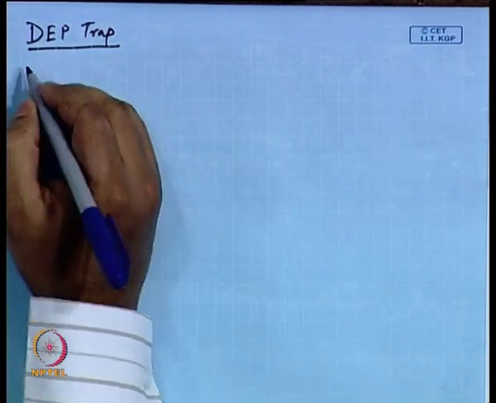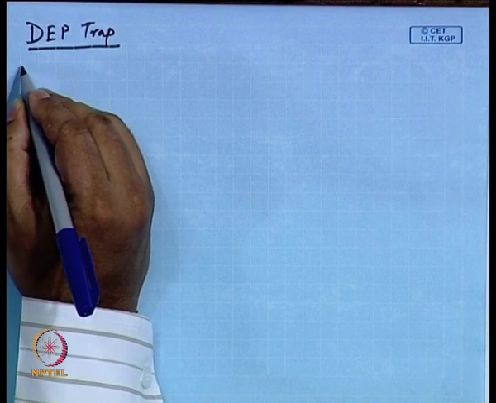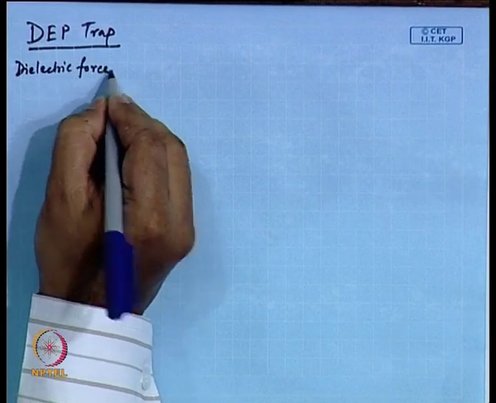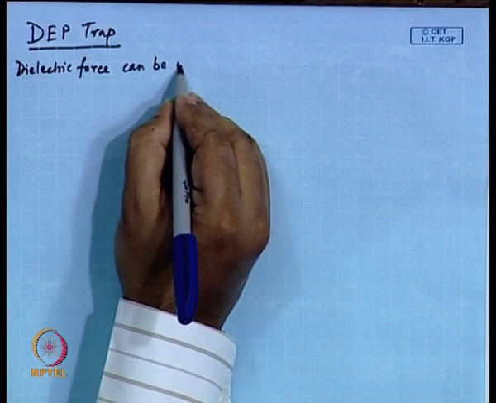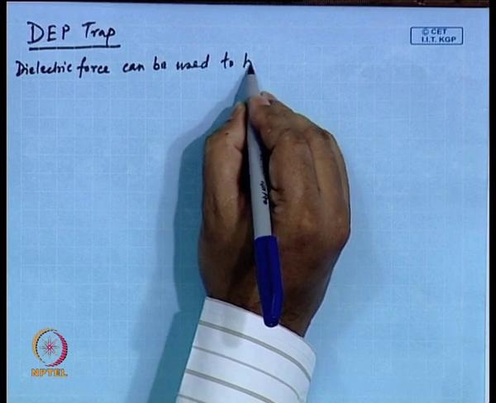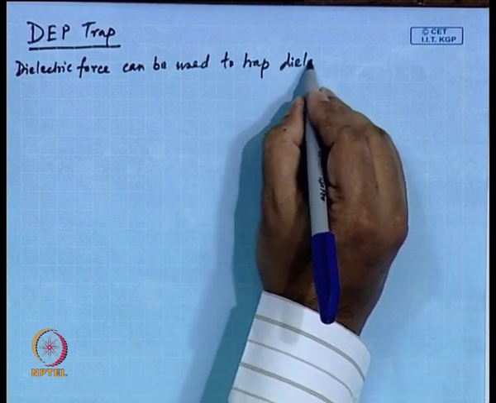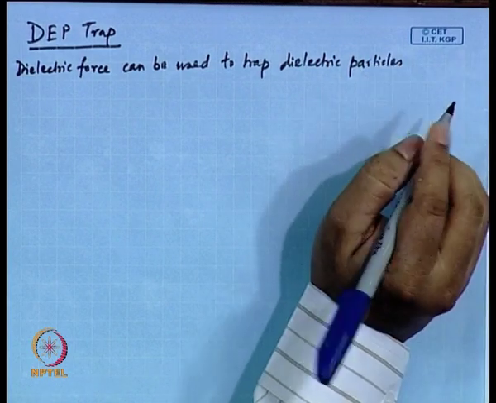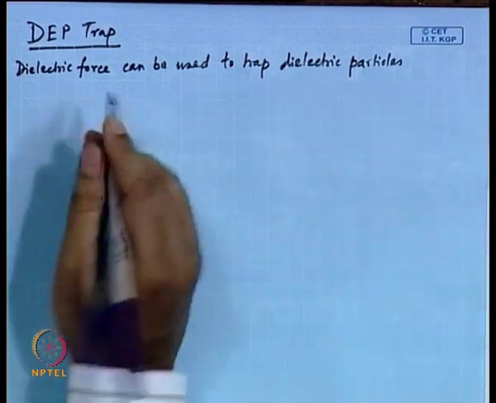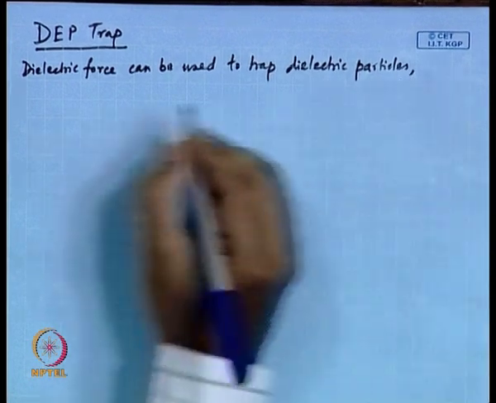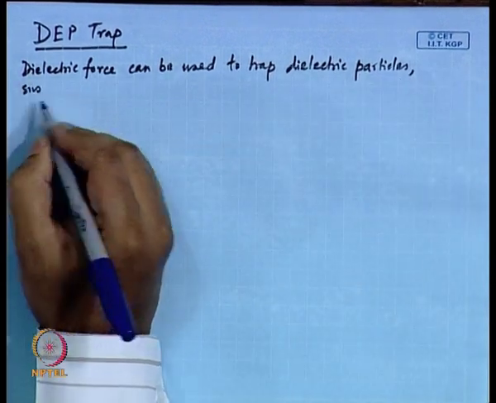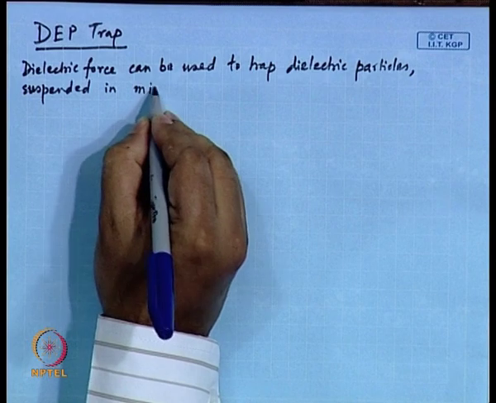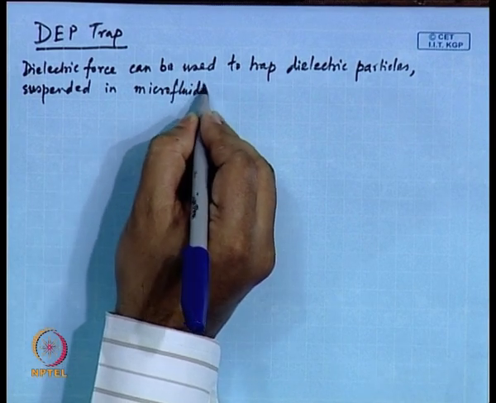If I try to articulate it in a sentence, it would be that the dielectric force can be used to trap dielectric particles suspended in a microfluidic channel.